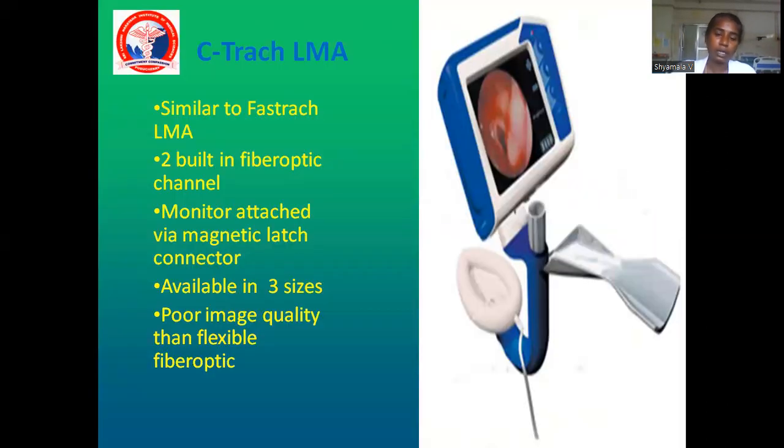Okay, as a summary, first, who found the LMA? It is Archie Brain in the year 1982. Then who found the I-gel? Mohammed. Yeah, he is Mohammed.